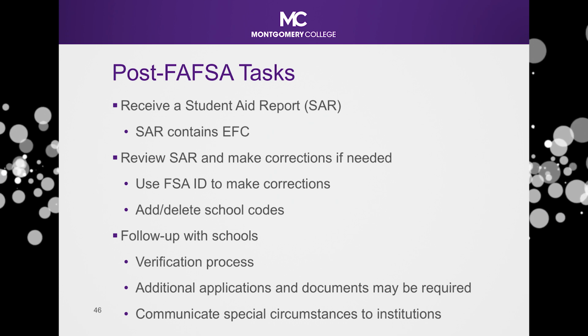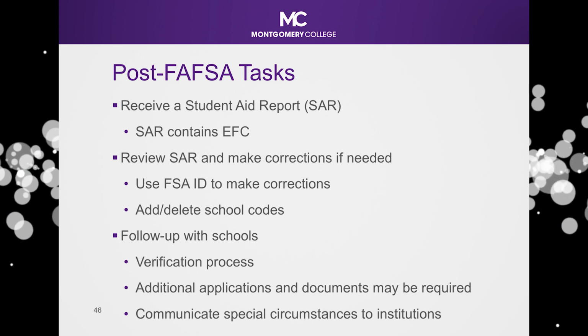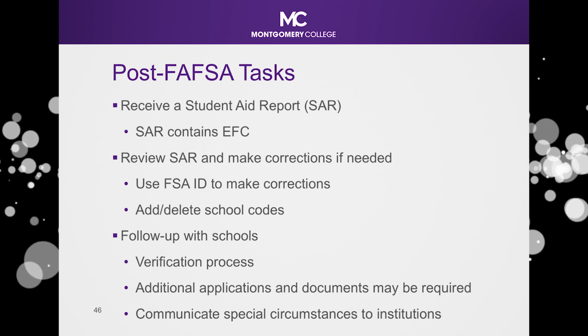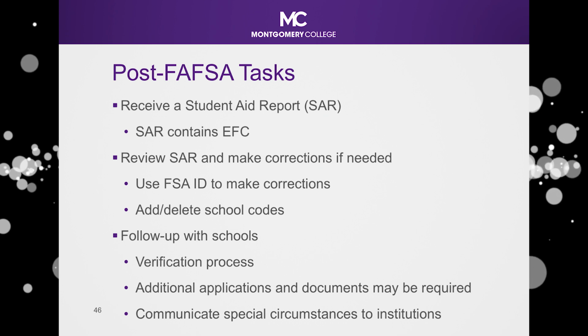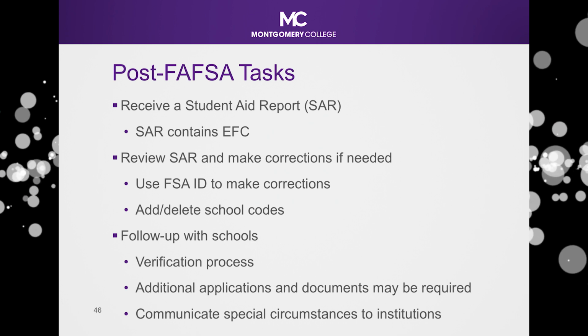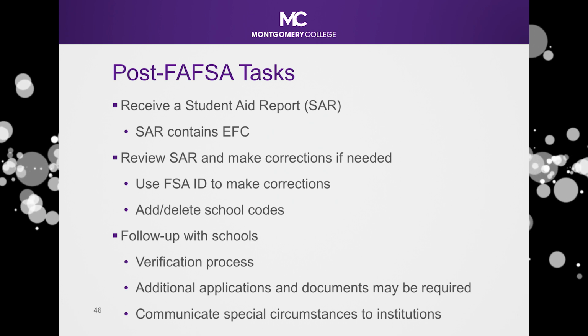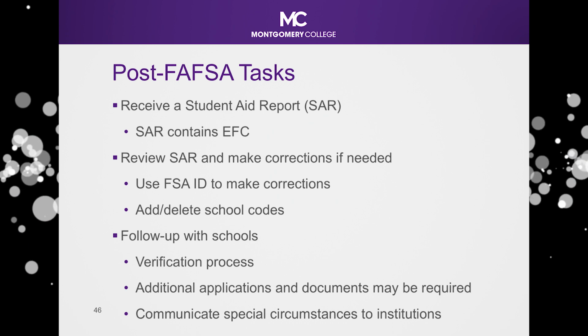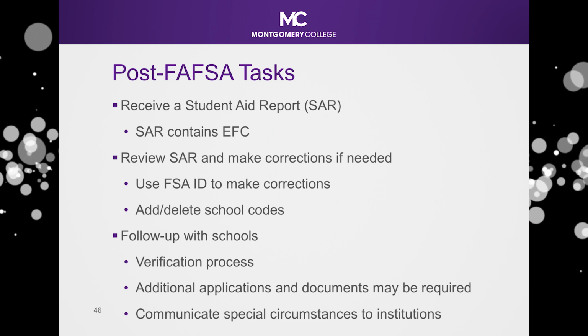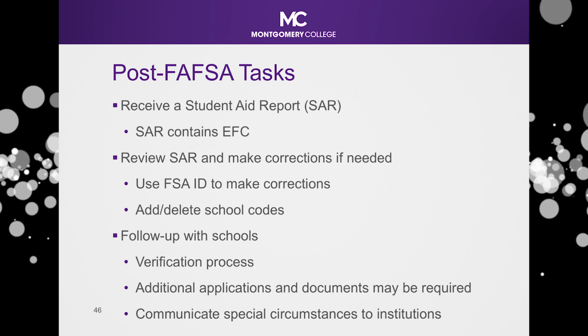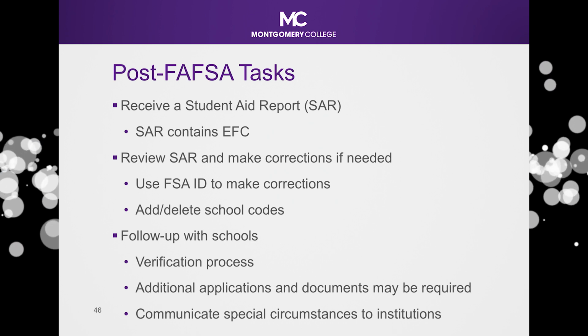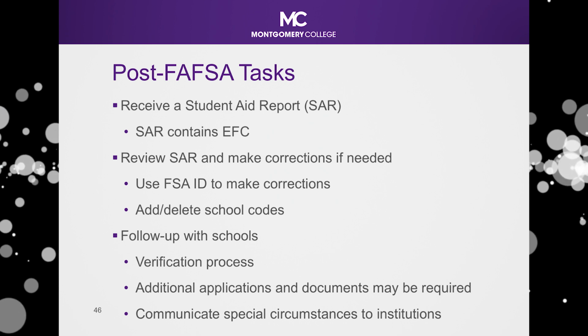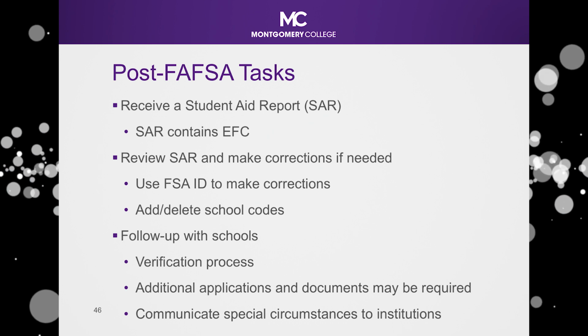If you have special circumstances, you need to communicate that with the schools. For instance, when you filled out the FAFSA, you gave the income data that it asked for the year it asked for. And since that time, something has happened. There's been a loss of income. There's been excessive medical bills.